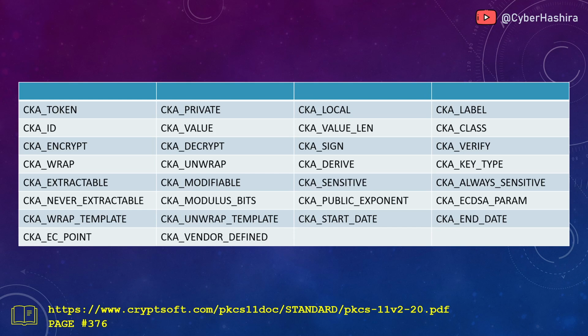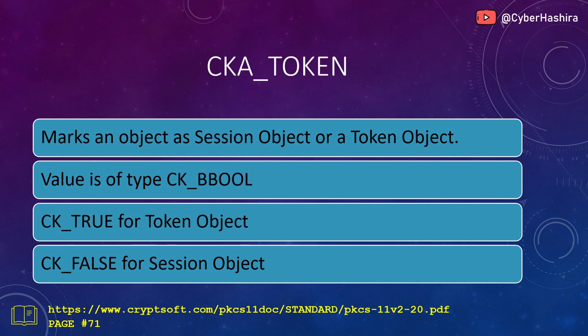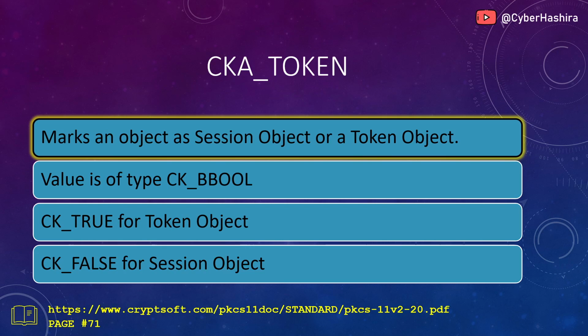As you can see, there are quite a lot of them. These are just half of what's mentioned in the PKCS 11 manual. I'm only covering these specific ones. The complete list of all attributes can be found on page 376. I'll start with CKA token. The CKA token attribute indicates whether an object is a session object or a token object.